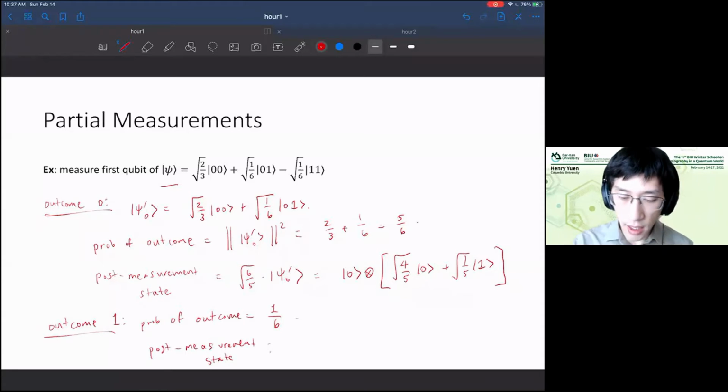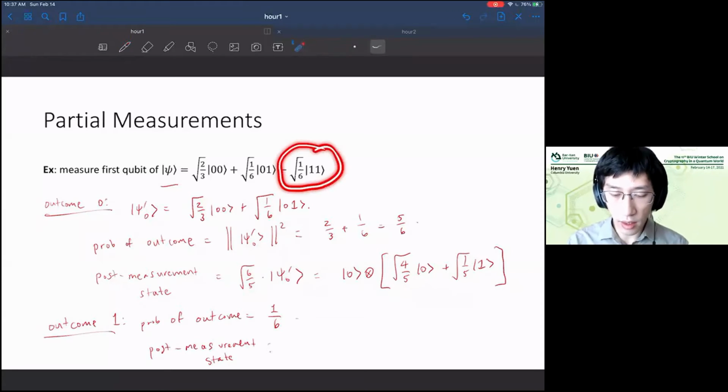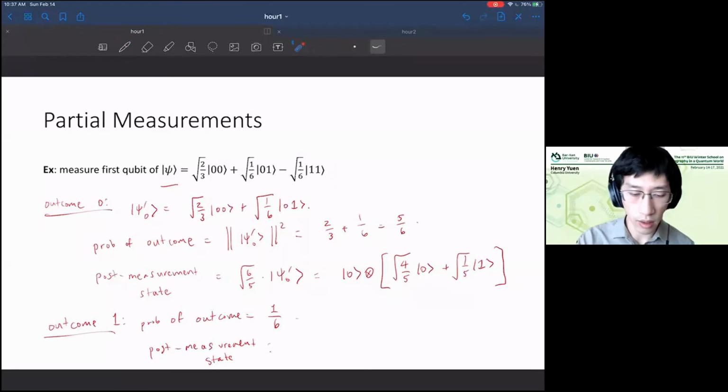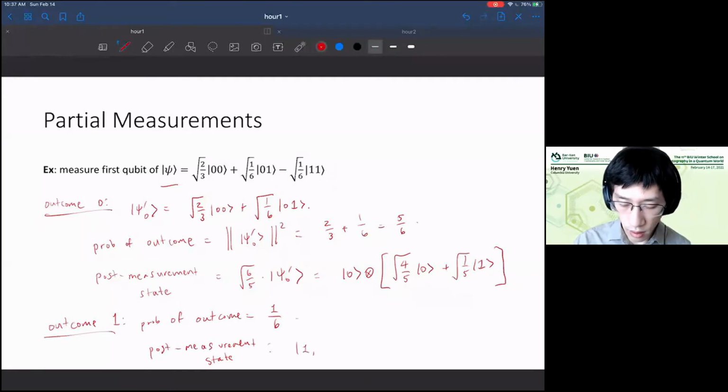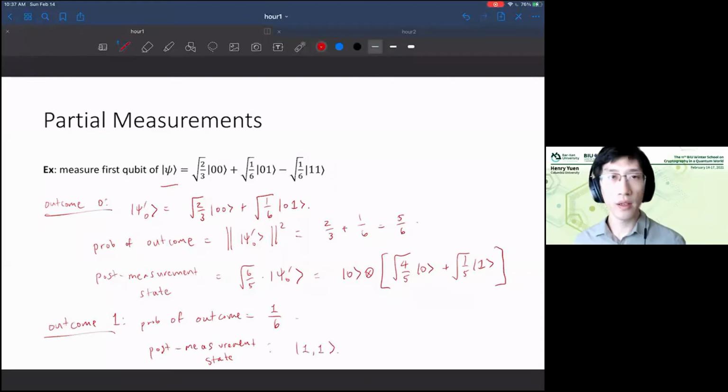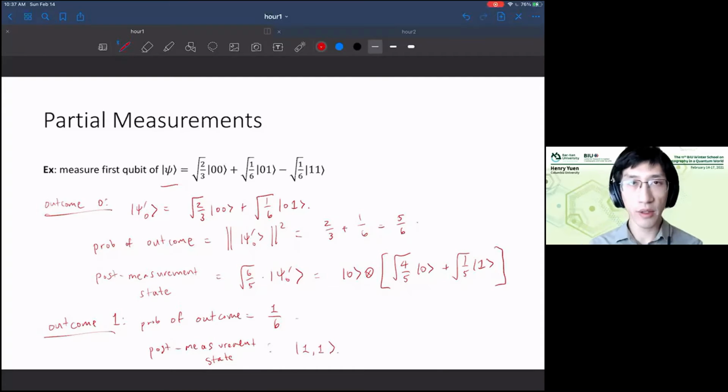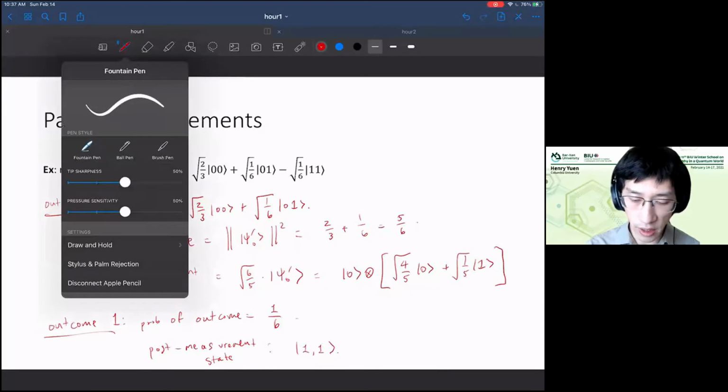I mean, you can see that in the original state, there was only one term that had the first qubit being in the state 1. So that's going to be the post-measurement state. Okay, both qubits end up in the state 1. Okay, so that's an example, and now you should be able to do any other example on your own.